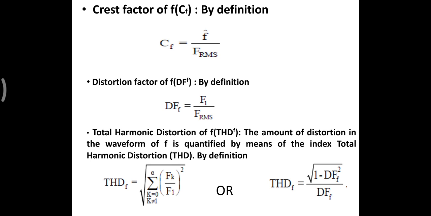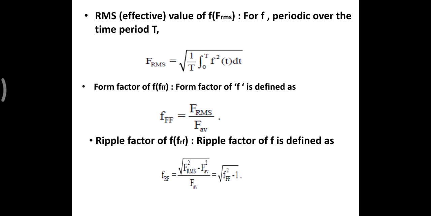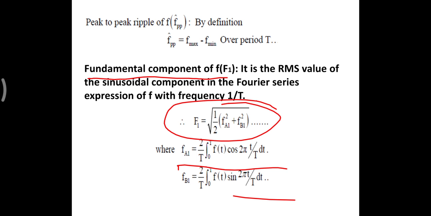Next, crest factor. The crest factor is expressed using F cap. F cap is what we already saw: the peak to peak ripple factor.